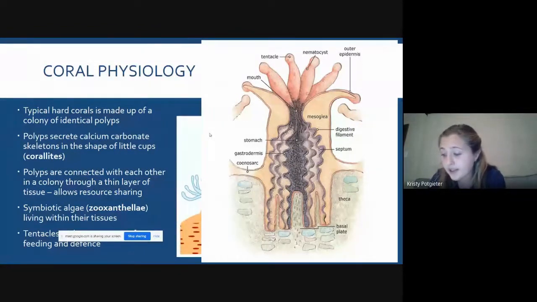Periodically, a healthy polyp will lift off its base and secrete a new basal plate above the old one. Thus, a living colony of polyps deposits calcium carbonate, adding layers and elevating the coral. So the coral basically builds layers and layers and layers, and that's how the reef gets bigger.